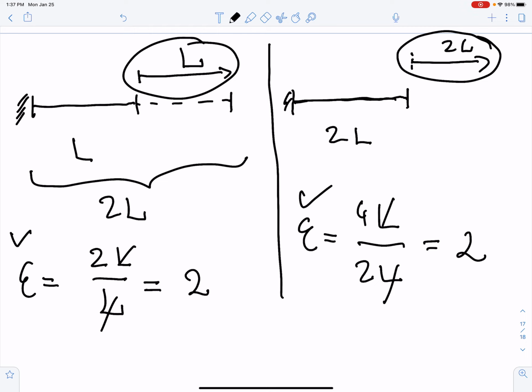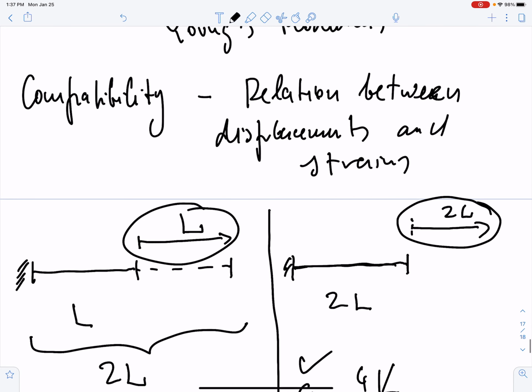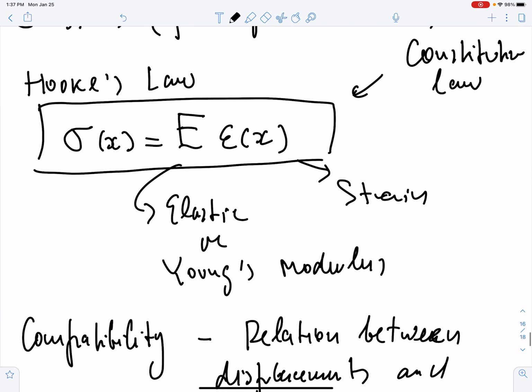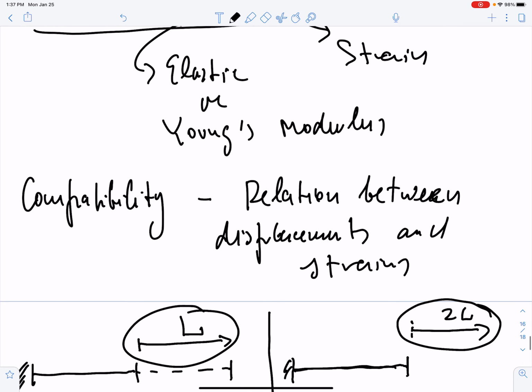And so as a result, if we apply the constitutive law at the level of stresses and strains, but we'd like to bring displacements into the picture, we need to develop a relationship between displacements and strains.